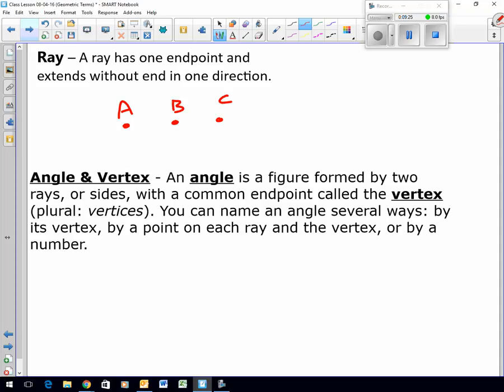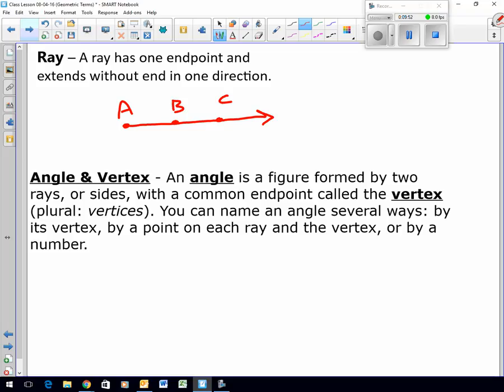A ray, let's just say it starts at A and extends to and through point B, to and through point C. Say it like that. Start at A, to and through point B, to and through point C. Go for it.